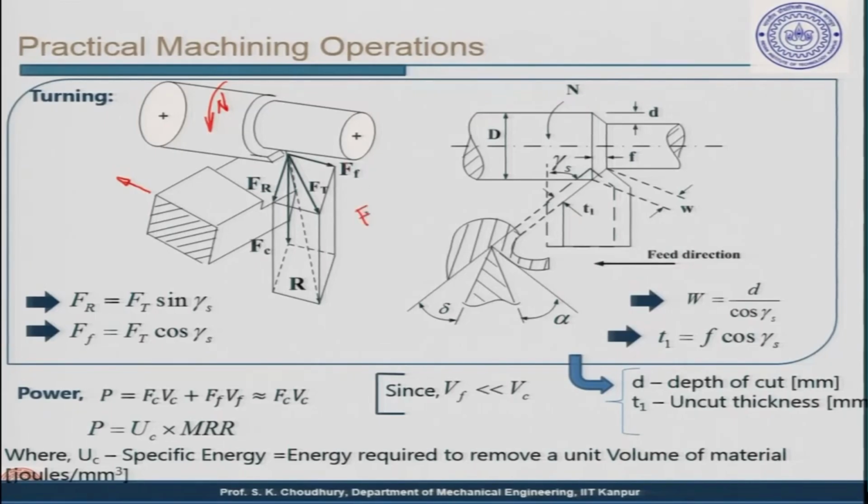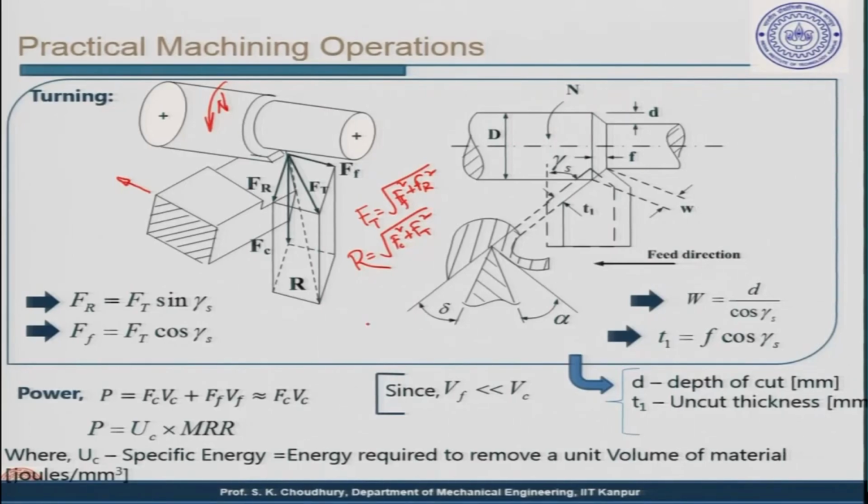Once again, Ft is the thrust force, the square root of Ff squared plus Fr squared. The cutting force is in the vertical direction, and from this point to the front point below is the resultant force. So the resultant force is equal to the square root of Fc squared plus Ft squared. I am repeating this once again.